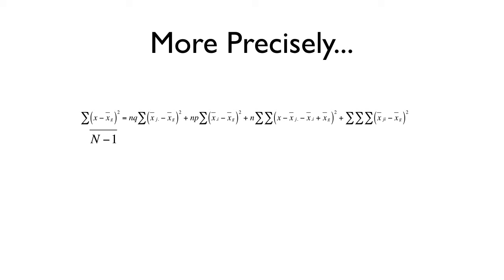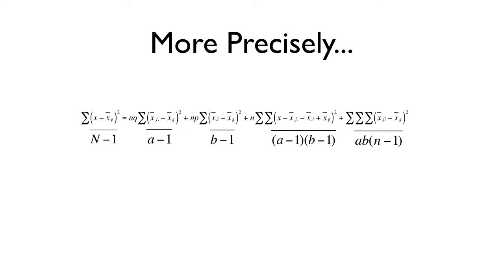There are big N minus 1 degrees of freedom in total. And any design has a finite number of degrees of freedom. It's going to be the number of observations minus 1. Now we're going to partition that out. There are A levels of A, so there's A minus 1 degrees of freedom for A. There's B minus 1 degrees of freedom for B. There's A minus 1 times B minus 1 degrees of freedom for the interaction.